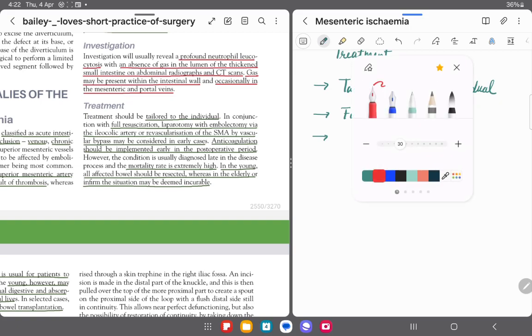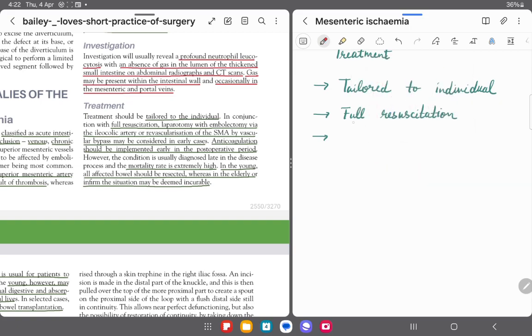We have an option of laparotomy with embolectomy via the ileocolic artery, or revascularization of the SMA by vascular bypass.